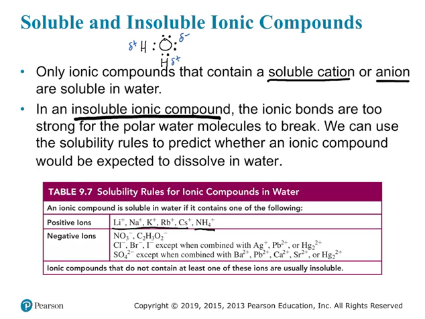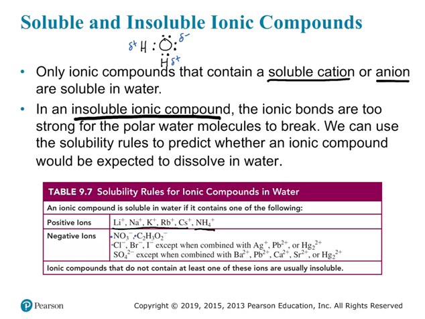However, again, there are some compounds that just cannot be broken apart by water because their bonds are too strong. Some of those compounds would be, for instance, silver chloride or silver bromide, maybe lead chloride, lead bromide. If we look down below in our table, we have some soluble negative ions like nitrate and acetate.